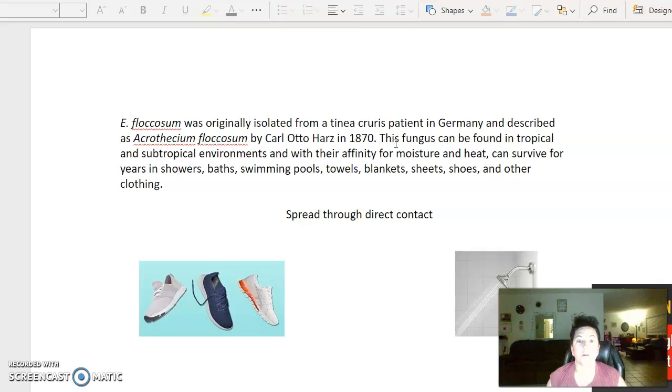A gentleman by the name of Carl Otto Haars in 1870 isolated this, and found that they inhabit tropical and subtropical areas, because of their affinity for high temperatures and moisture. With moisture comes water, right? So these fungi like to live in showers, baths, and swimming pools. They're also on fomite objects, which are towels, blankets, sheets, shoes, and other clothing.